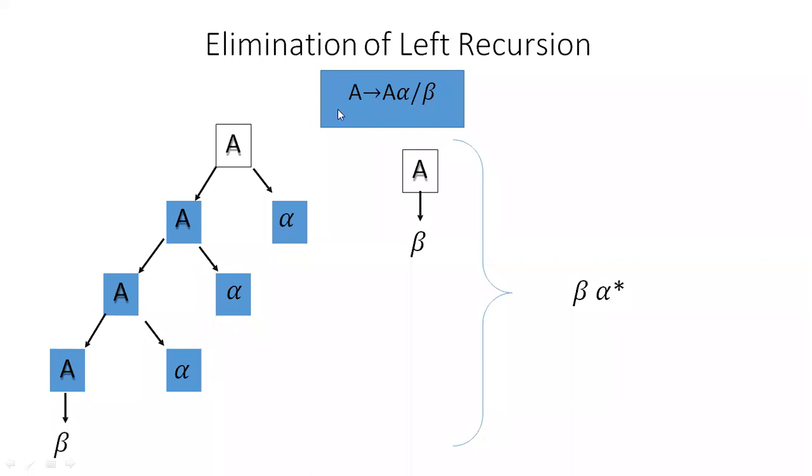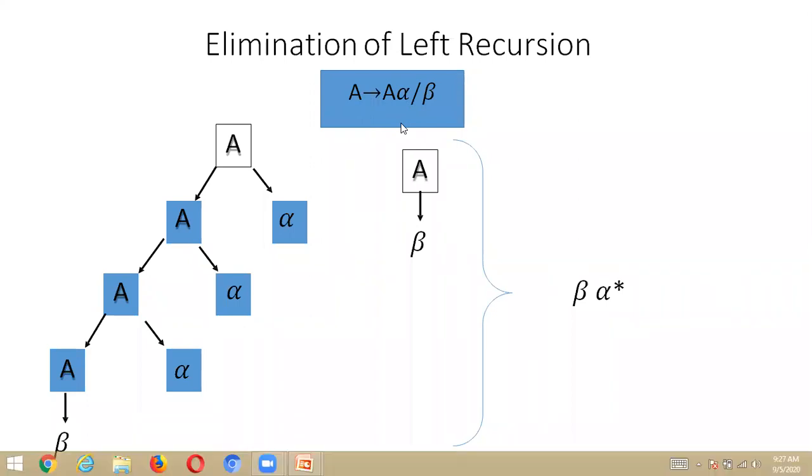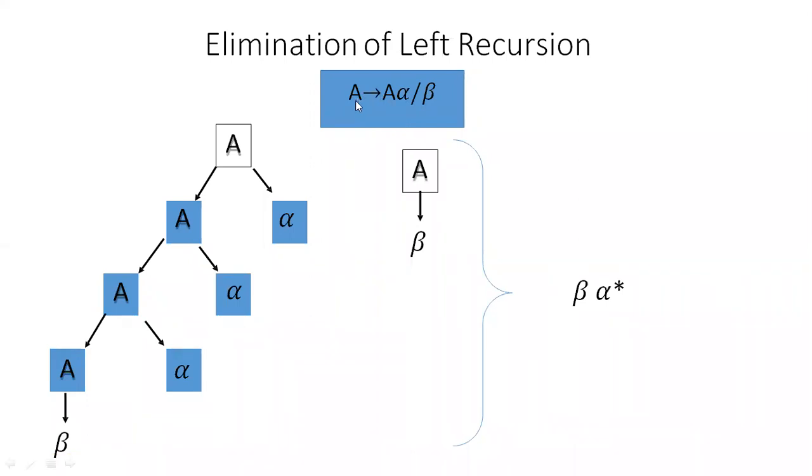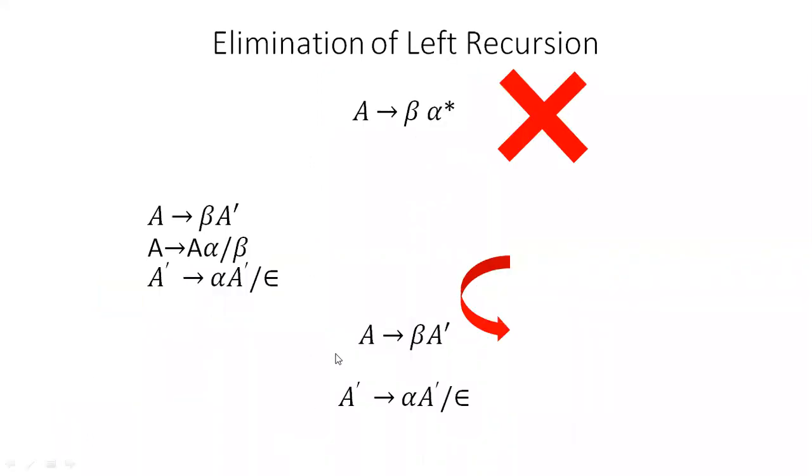If the first variable on the left hand side and the first variable on the right hand side are the same, then we can identify that the rule in the given grammar has a left recursion problem. Then we need to eliminate it by converting it into these two rules.